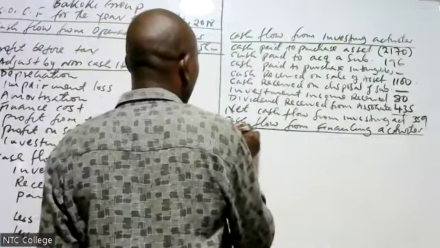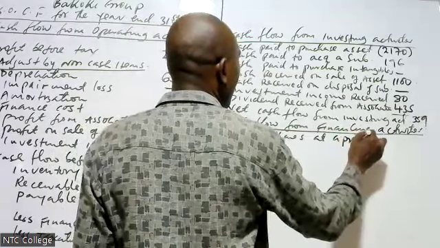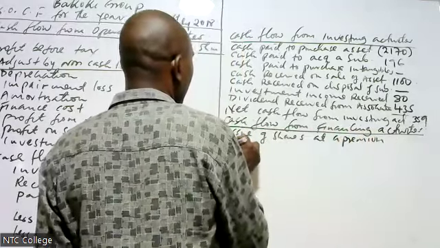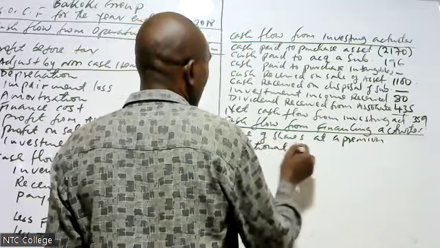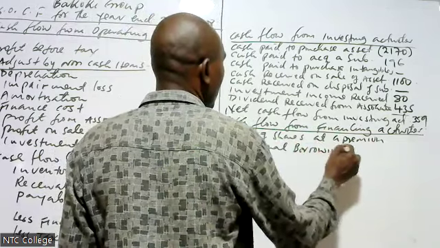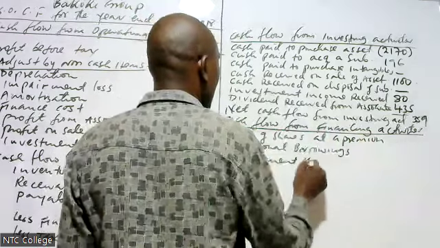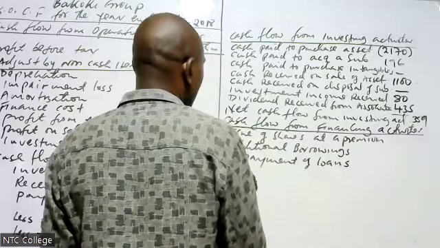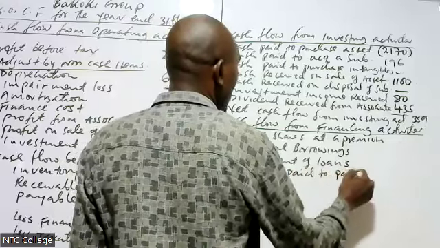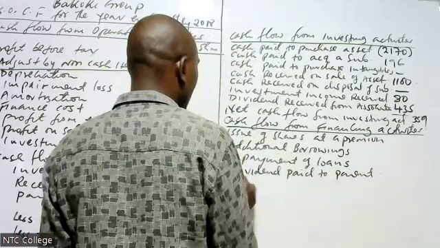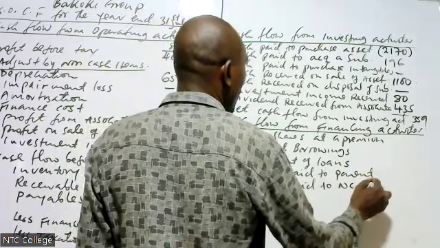Financing activities, here we have issue of shares at a premium, additional borrowings, repayment of loans, dividends paid to parent shareholder, then dividends paid to NCI shareholder.